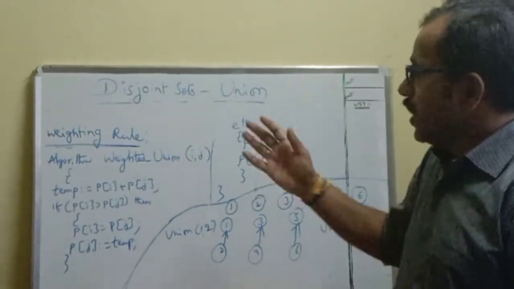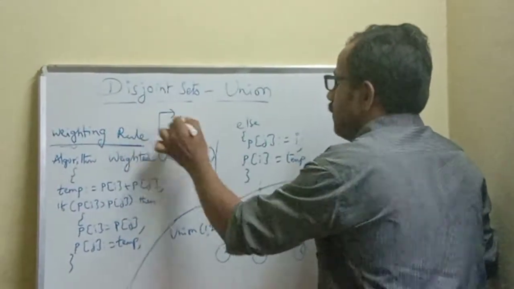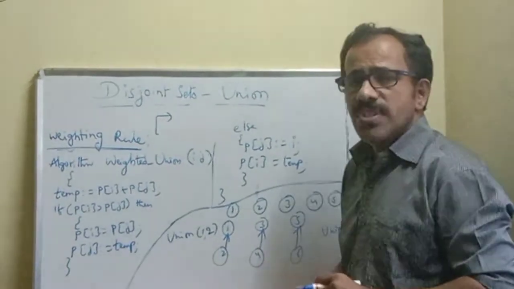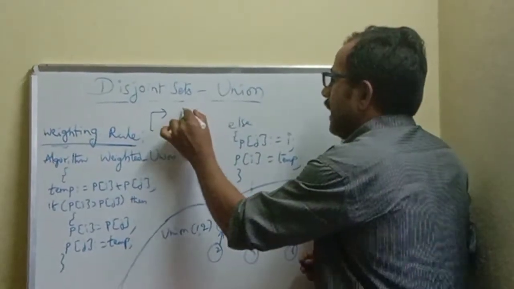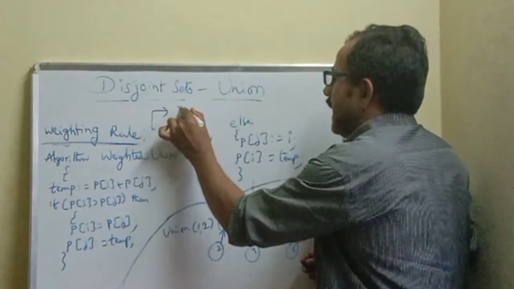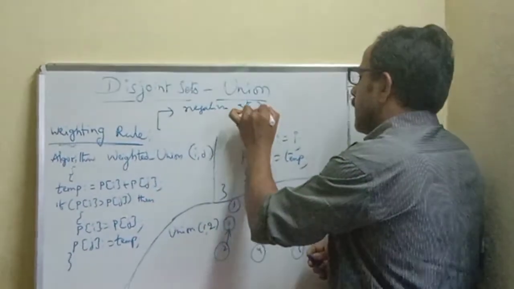So what do you mean by weighting rule now? The weighting rule is, first we need to count how many nodes are there in the tree. Then add that count as a negative number at the root. Negative at root.